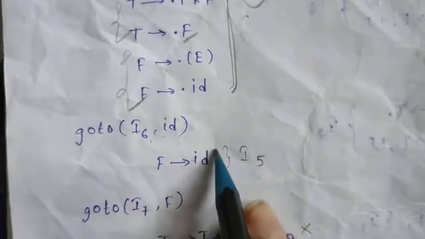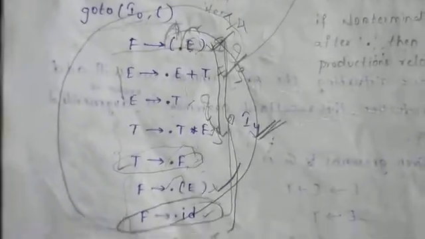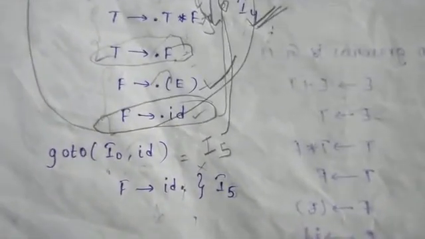So this is the final production. Before numbering that one, it will again check with I0, I1, I2, I3 and I4. Again it will go with I5. It will match with I5.